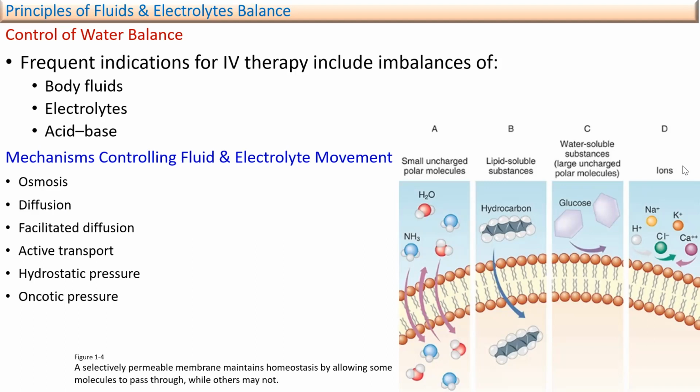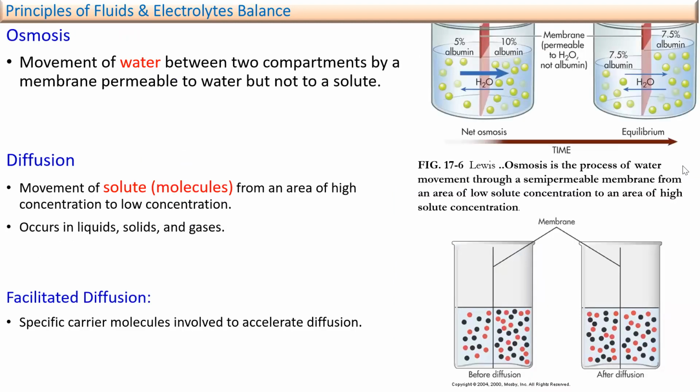So the mechanisms that are going to control the shifting of the fluid between the compartments and maintain the homeostasis are osmosis, diffusion, facilitated diffusion, active transport, hydrostatic pressure, and oncotic pressure. Now, osmosis is the movement of water between two compartments by a membrane permeable to water but not to a solute, the particles or substance or molecule.